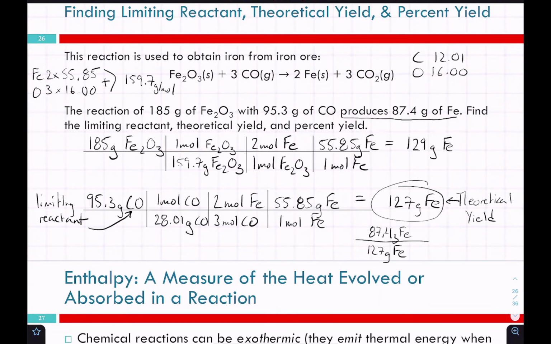And really, you should use all the decimal places here, and times 100 is going to be 69.0% yield. Any questions?